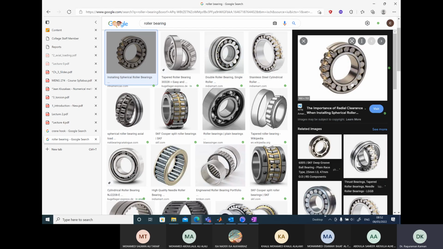There is an inner race and an outer race. These roller elements are in contact with the outer race and inner race, and they rotate. These rollers rotate whenever the inner race or the outer race rotates. And this becomes a contact problem. So actual design of bearings involves complicated calculations for contact stresses, usually through finite element analysis.